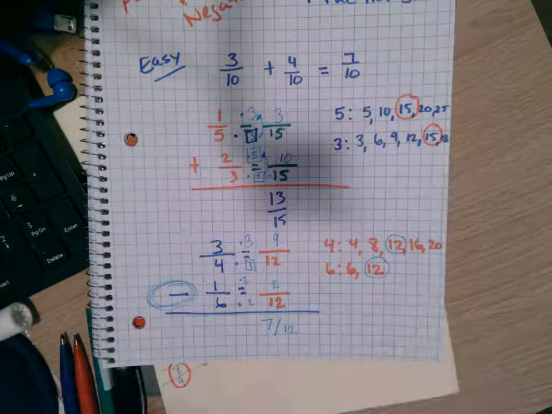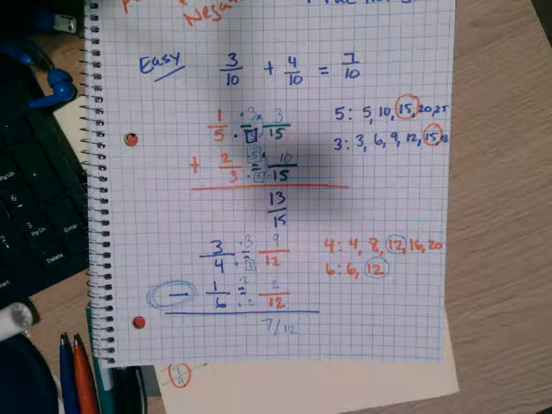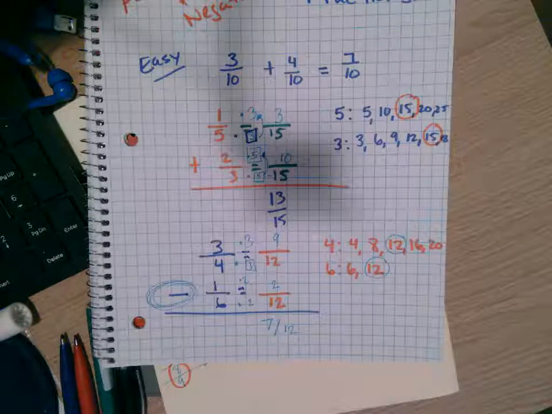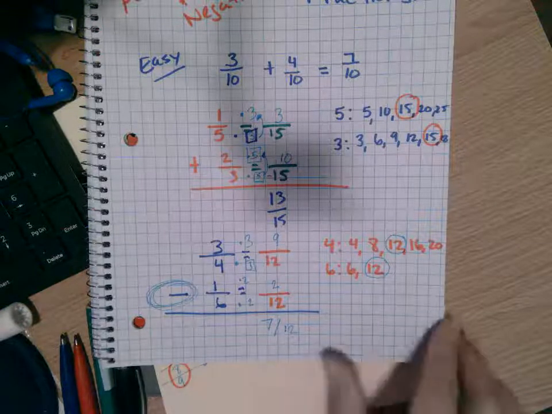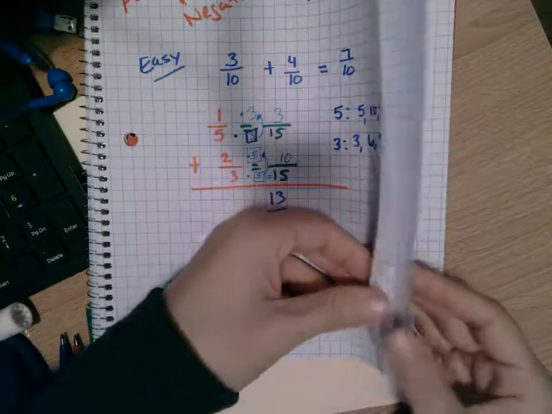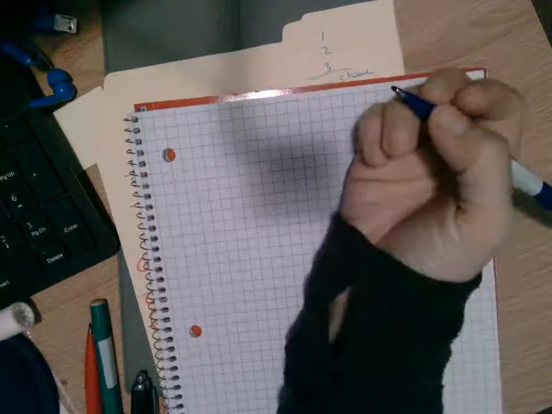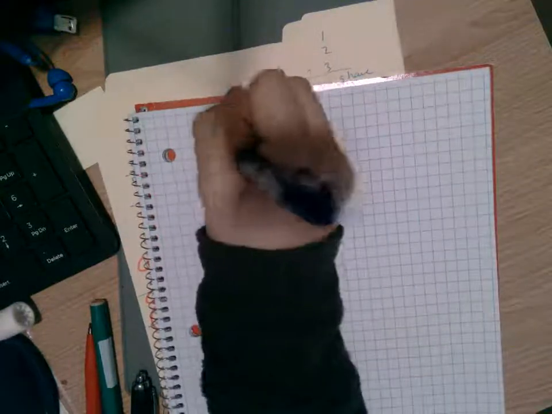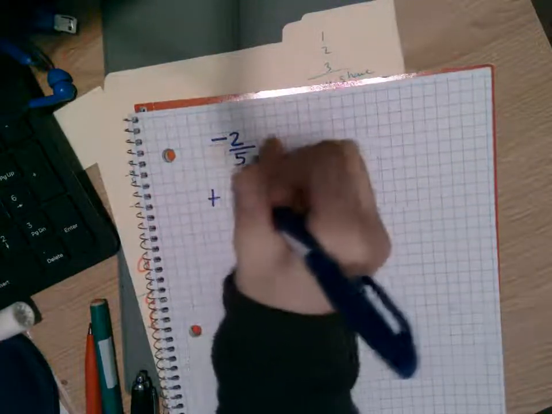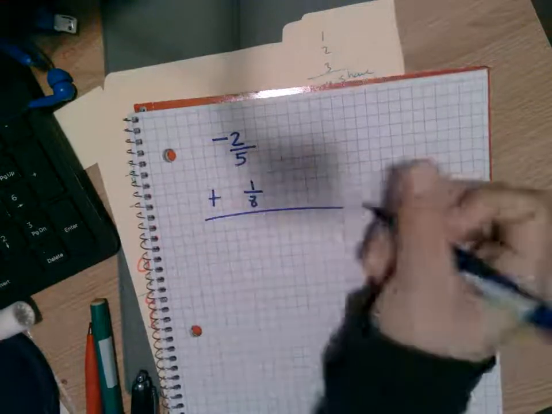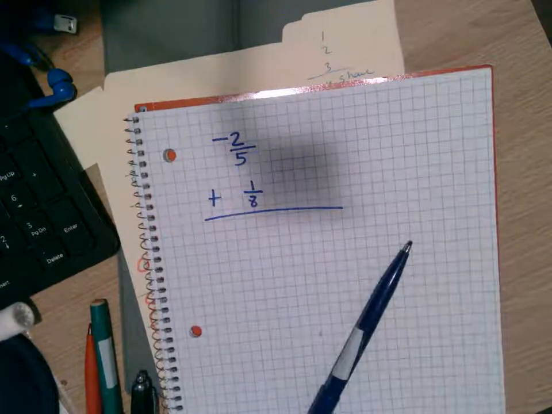Okay, are we ready for the 7th grade? Ready or not, here it comes. All right. Negative 2/5 plus 1/8. Ooh.